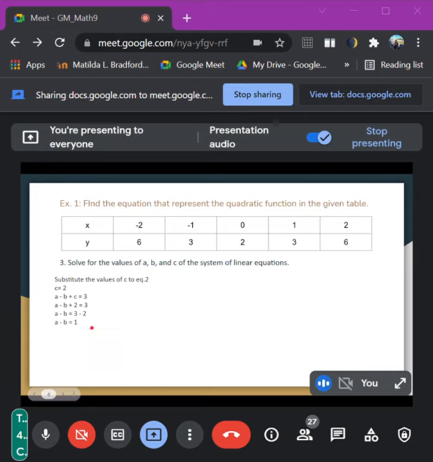Simplifying again, A minus B is equals to 1. Actually, we still haven't gotten another value for A or B, because A minus B is equals to 1. So we need to find a way to get the value of A or B. We already have C. Now, you can use this answer, A minus B is equals to 1.